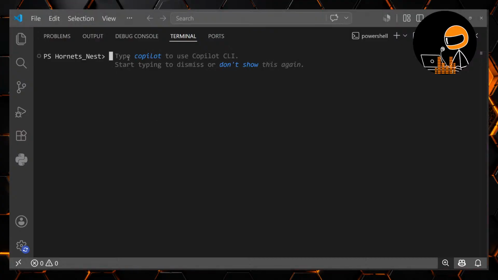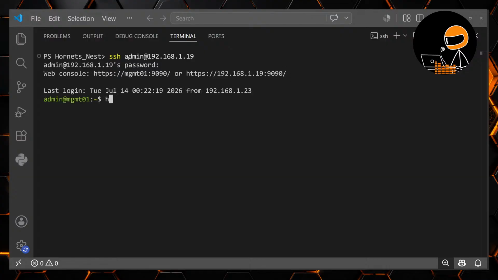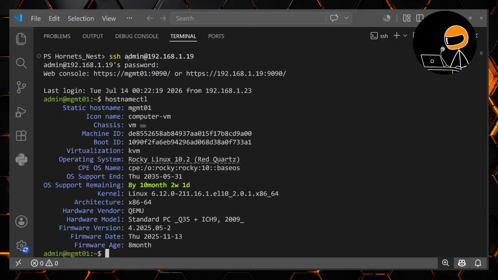All right, so I can connect to the management node using SSH admin at 192.168.1.19, and I'll do hostnamectl, and we can see this is Rocky Linux 10.2.